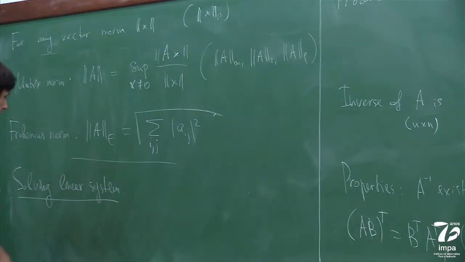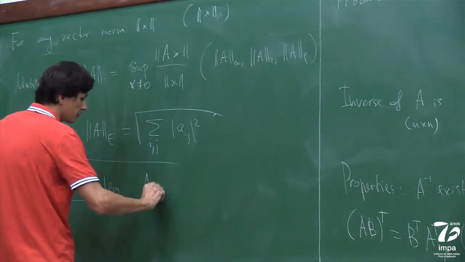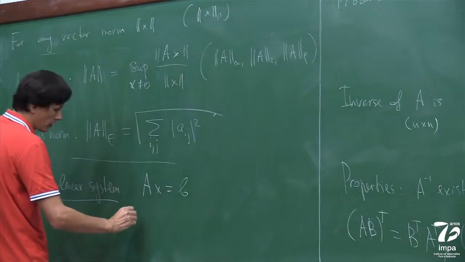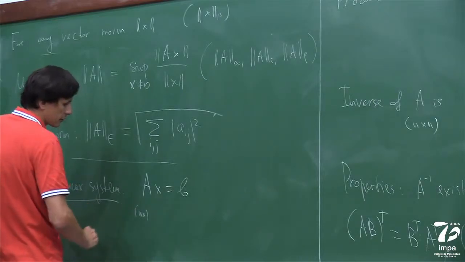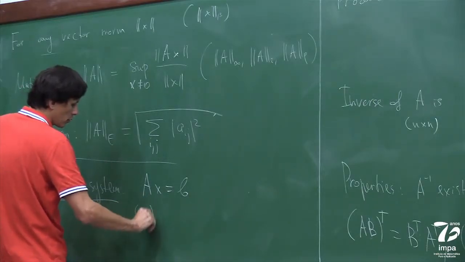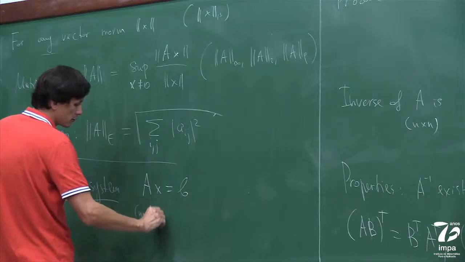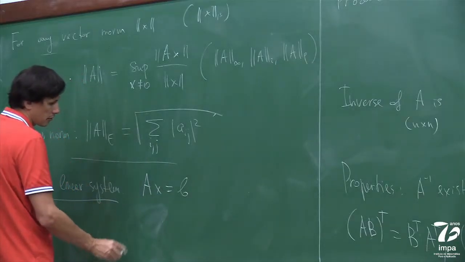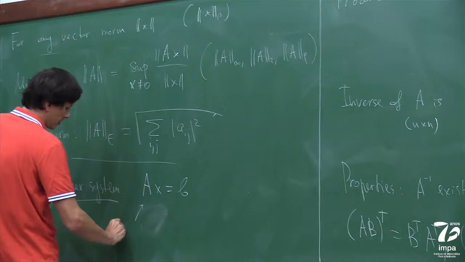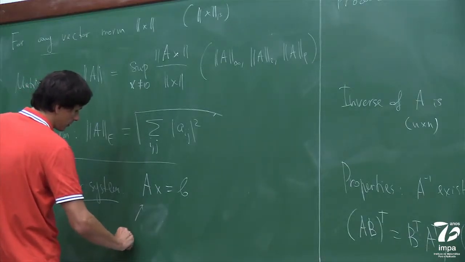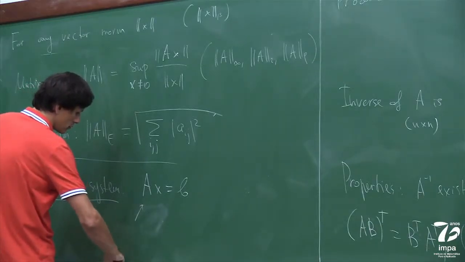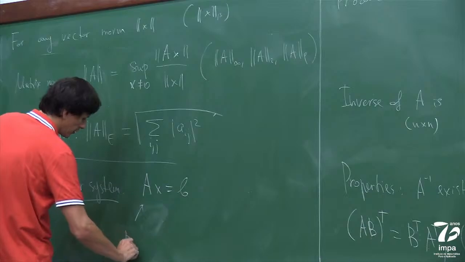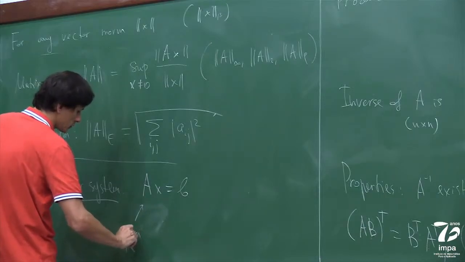So we want to solve a linear system, which is AX equal B. A will be an n by n matrix, right? Let's take everything real. So A is a real n by n square matrix.